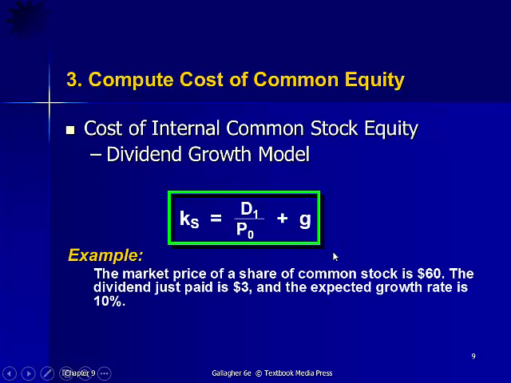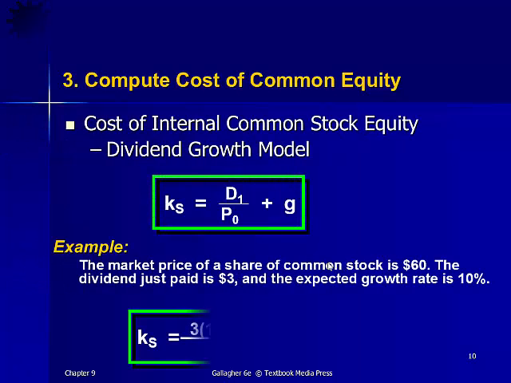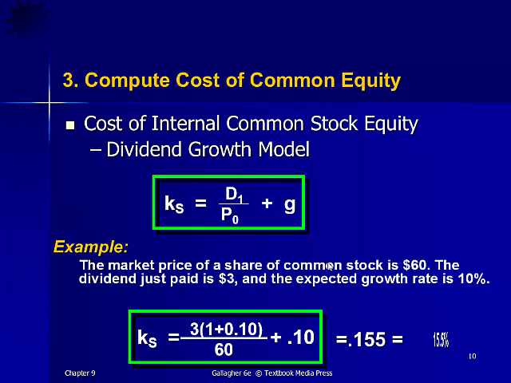So if we had a stock selling for $60 a share, and the dividend just paid was $3, and the expected growth rate is 10%, we would end up with a required rate of return on the common stock of 15.5%.